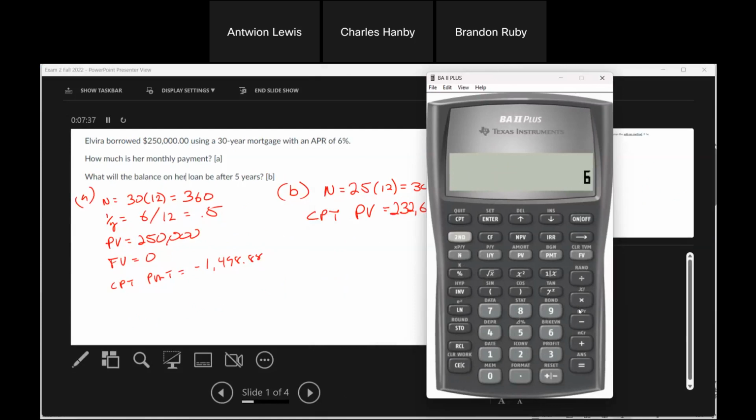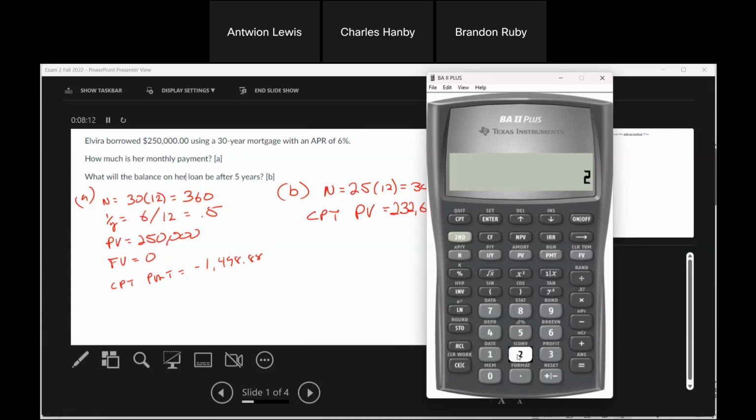So 6% monthly, 6 divided by 12 is 0.5 I/Y, PV 250,000, and then 0 future value, and then compute payment. So $1,498.88.